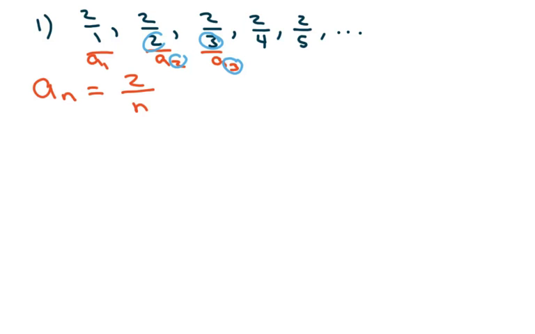So that's my nth term, and therefore I'm going to take the limit as n approaches infinity of my a sub n. So that's going to equal the limit as n approaches infinity of 2 over n.